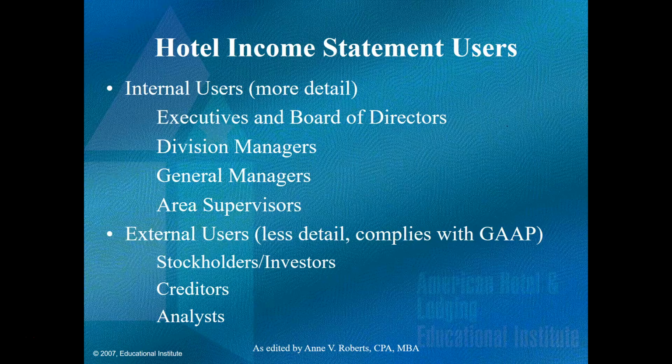So they will probably only get an income statement that included cost, versus the area supervisor over the entire restaurant, who is going to get revenues and cost, for not only back of the house, but front of the house.